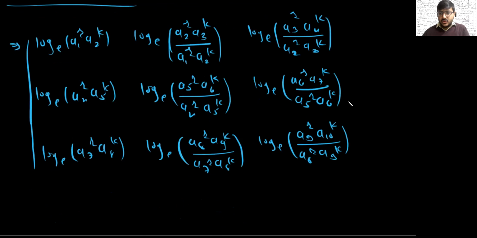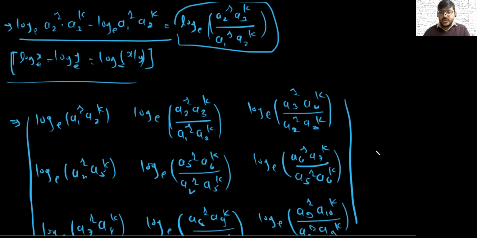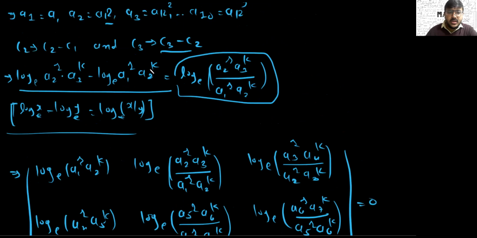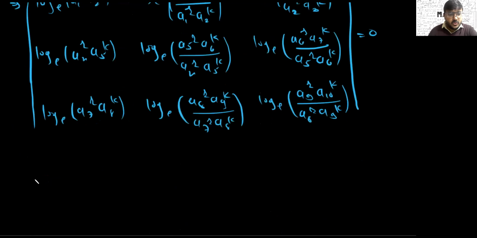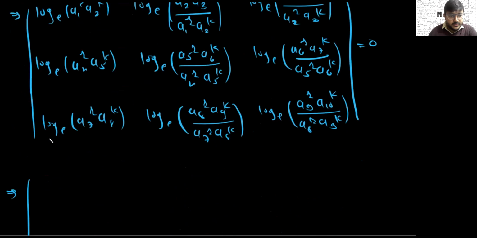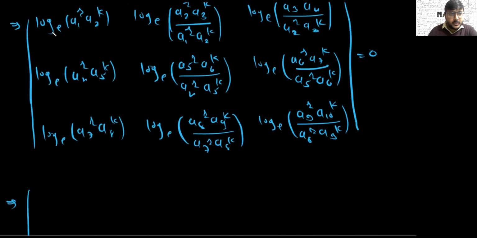And this we have already given equals to 0. Now I will replace all these terms with a, aR, aR squared up to aR raised to 9. The first row will become log base e of a raised to r and a raised to k, R raised to k.